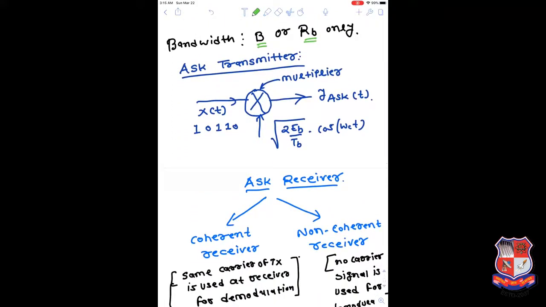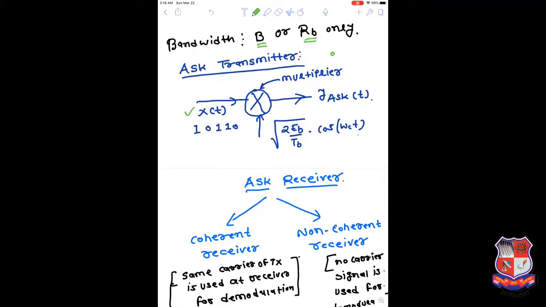Now here we will see how the ASK transmitter can be constructed. So in amplitude shift keying, your YASK of t is a simple multiplication of two signals. It is x of t and another carrier signal which can be represented as square root of 2 EB by TB cos omega Ct.